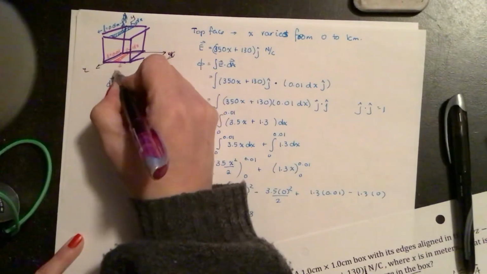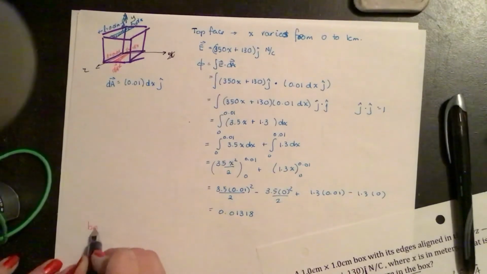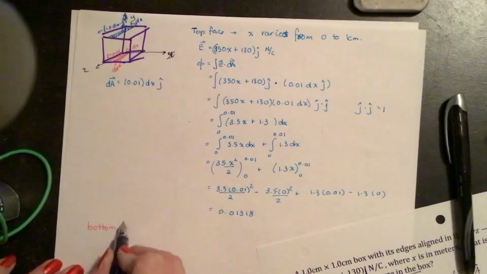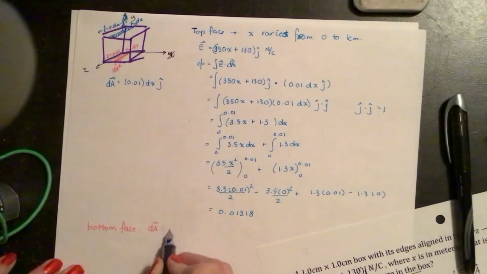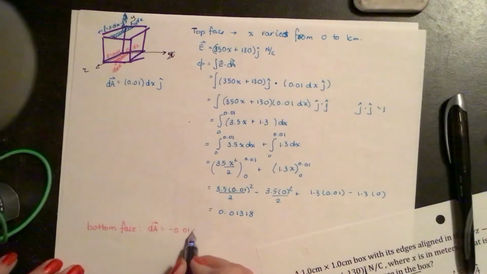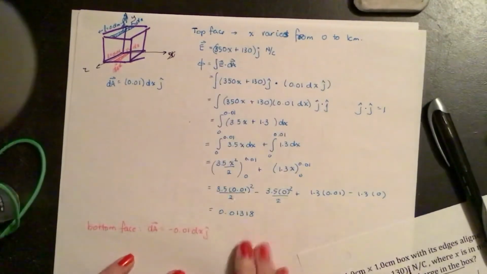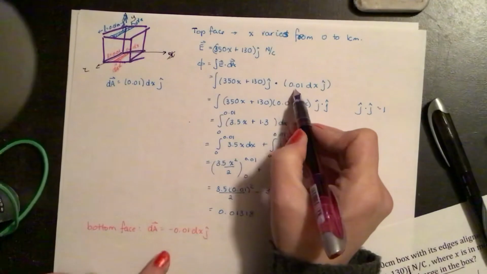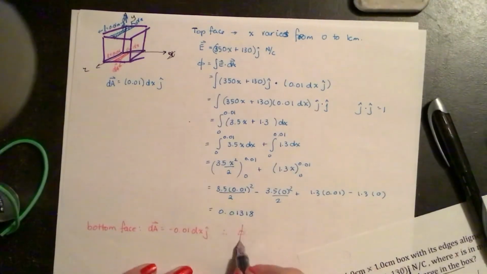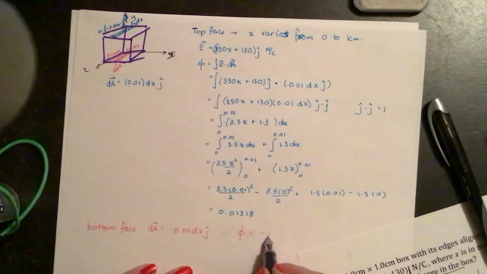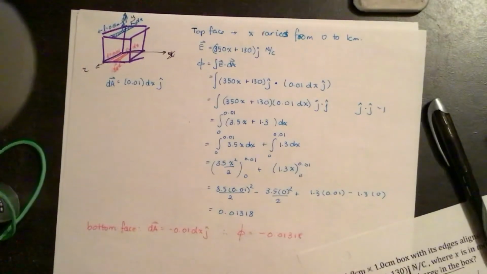This time my area element on the bottom face points straight down. So on my bottom face, dA equals minus 0.01 dx j hat. The only difference in all this work is that instead of plus 0.01, I have minus 0.01. Therefore, my flux through my bottom face is equal to minus 0.01318.